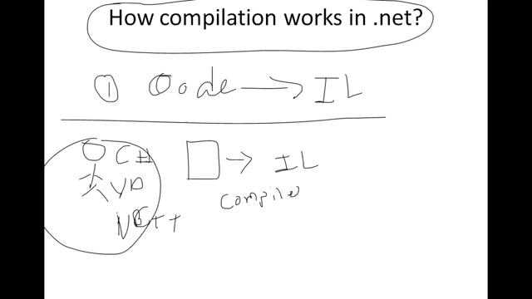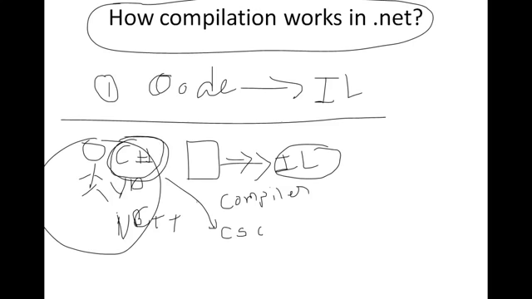For example, when code is written using C#, there is a compiler called CSC which takes this code and compiles it into the intermediate language. We will look into this intermediate language in the next step, but for now just understand that whatever code we write using C#, CSC compiles it into IL.